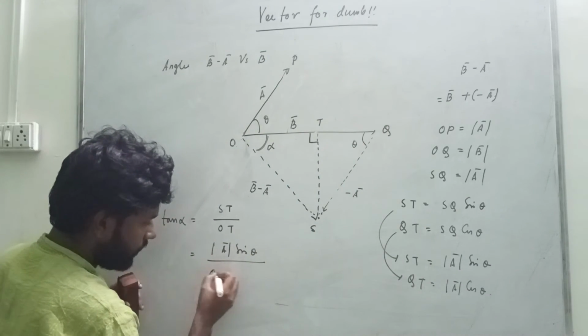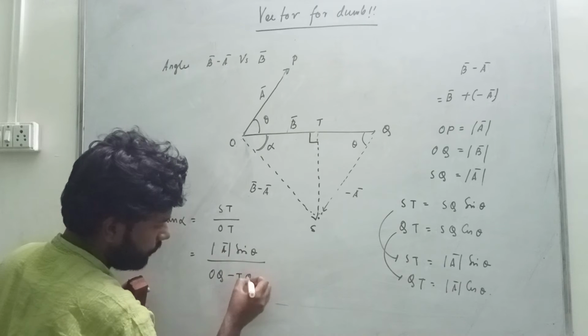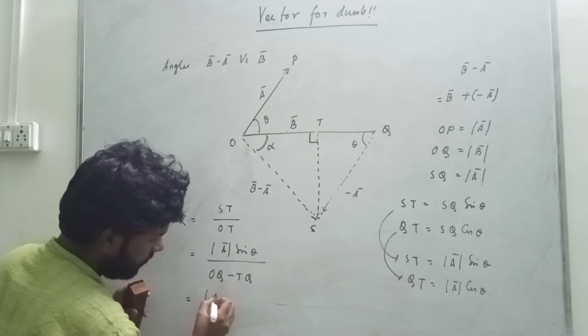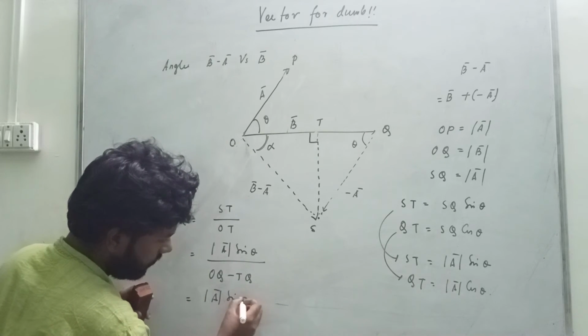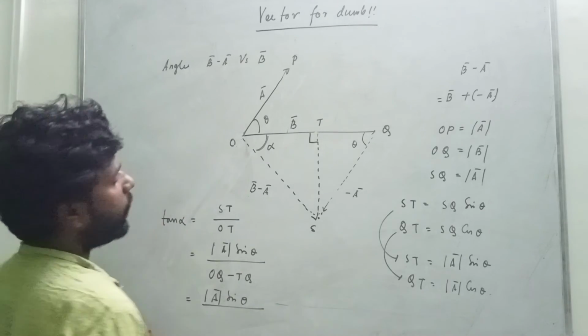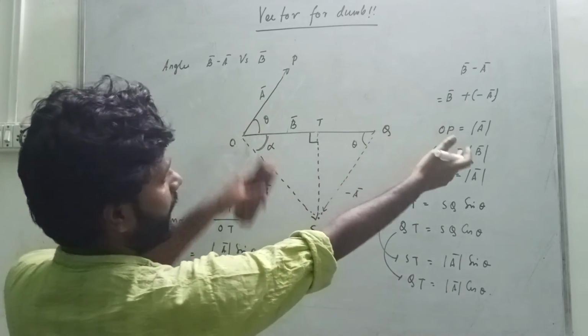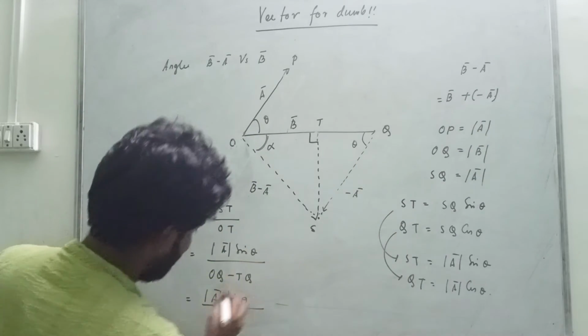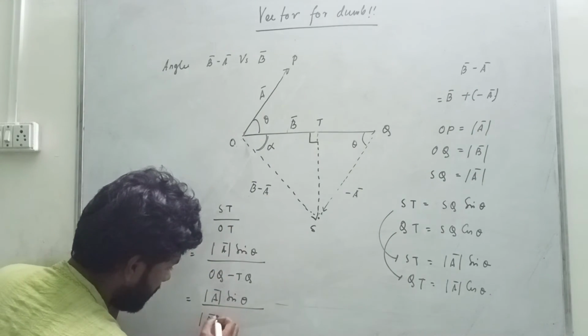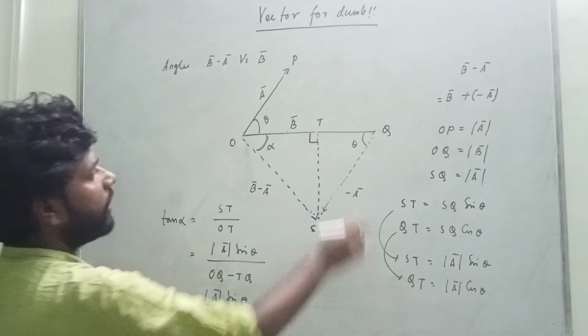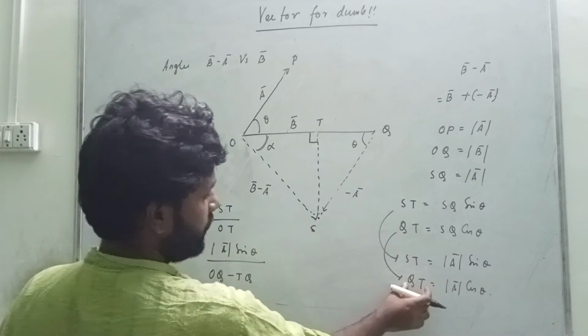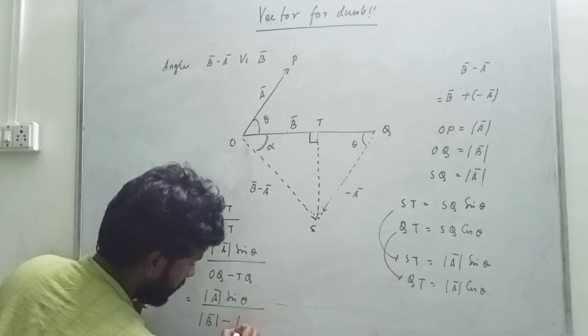So OQ minus TQ means modulus of A sin theta over OQ, which all of you know is the vector B, that means the length of vector B, the modulus of B, minus TQ. TQ means QT, modulus of A cos theta.